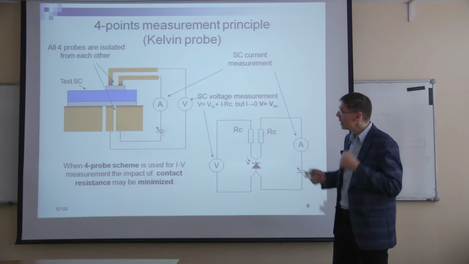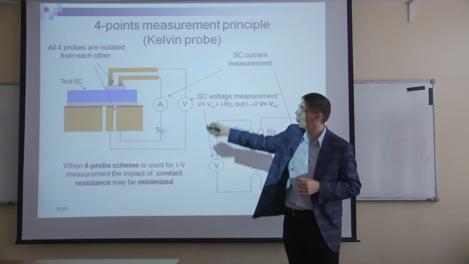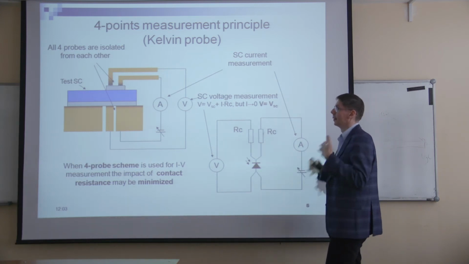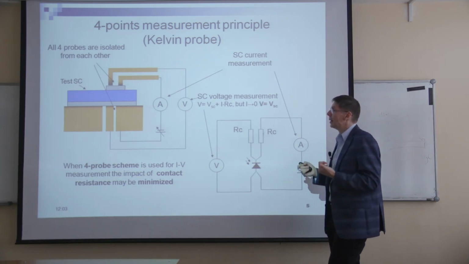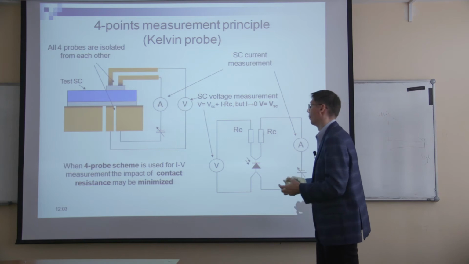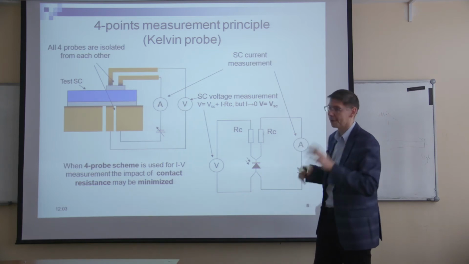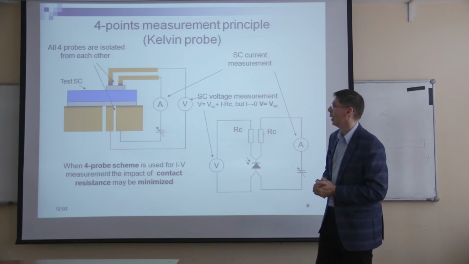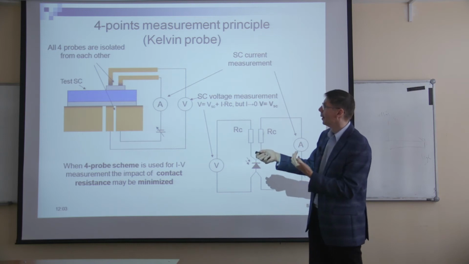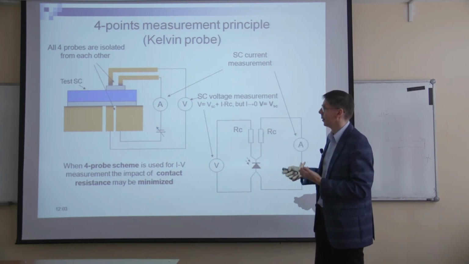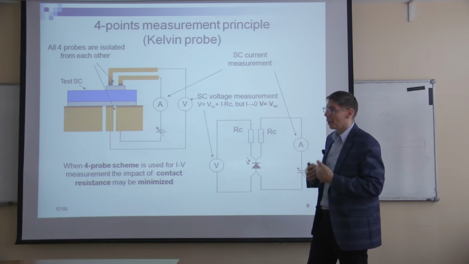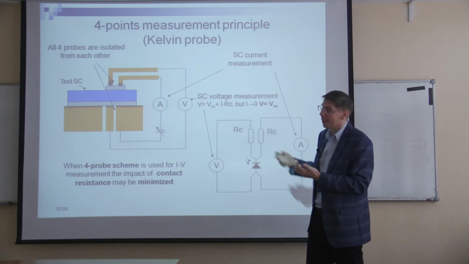But in case you lost the contact, so you have no contact here, it means that you have no feedback for this device, and if you want to set, for example, 0.5 or even less, 0.1 volt, the device would apply some voltage to provide the current, and because there is no feedback, it sees zero.